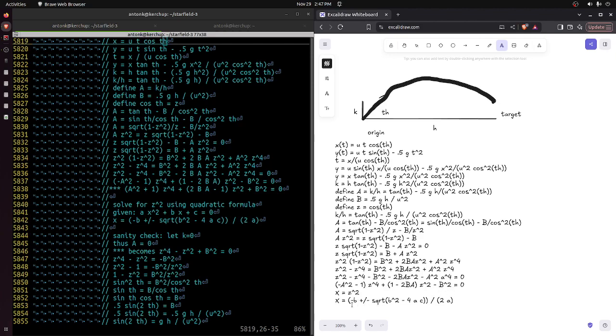And when we use the quadratic formula to solve for X, then we're going to get two solutions. We're going to get minus b plus the square root of all this stuff divided by 2a, and then minus b minus all this stuff.